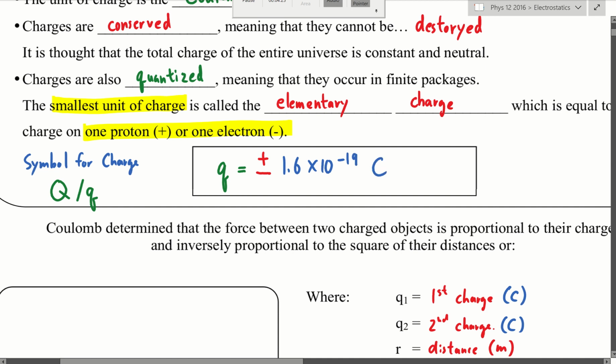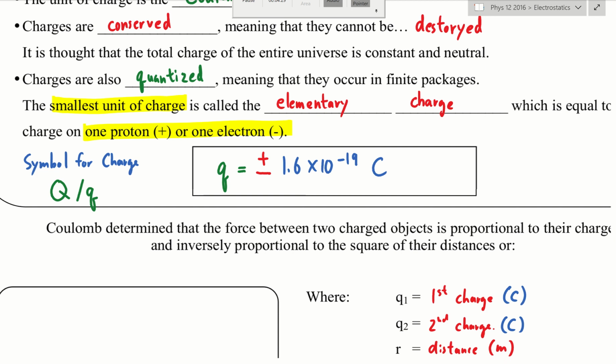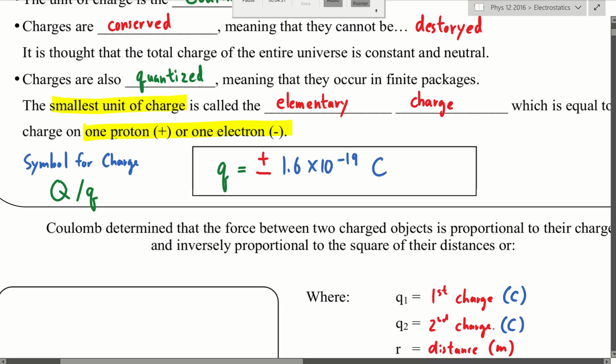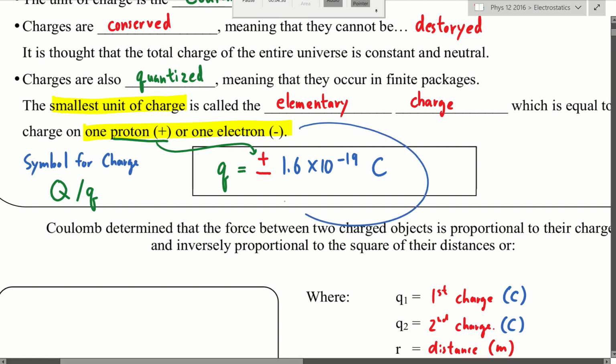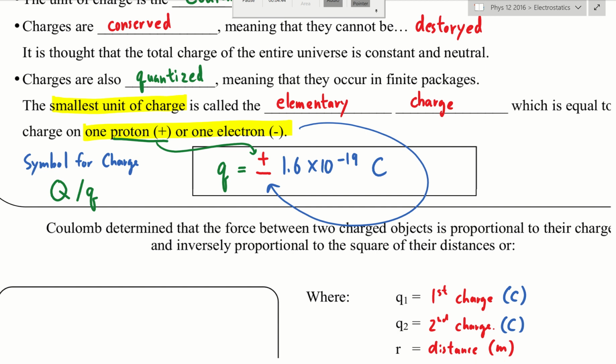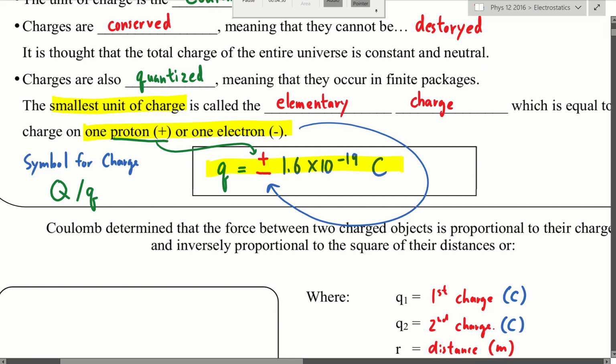Okay, so the charge of 1 proton is 1.6 times 10 to the negative 19 coulomb. The charge of 1 electron is negative of that value. So they are the same amount, but one is positive, the other one is negative. So an electron will have a negative 1.6 times 10 to the negative 19 coulomb. So you won't find a charge amount that's less than that. So for example, an apple can have 2 extra electrons on it.